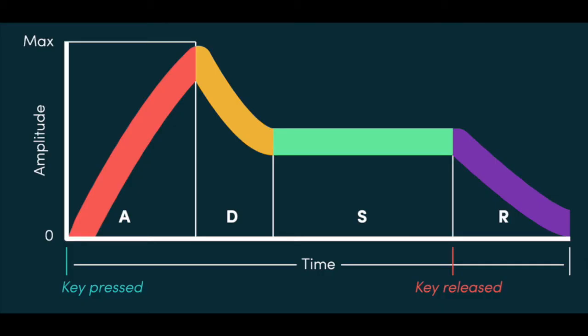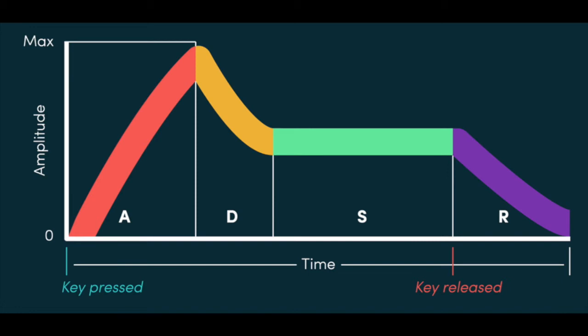So just to explain ADSR really very quickly, ADSR is an envelope. It's an amplitude envelope, so the A is the attack, and that measures how long it takes, when you hit the note, to reach its max volume.